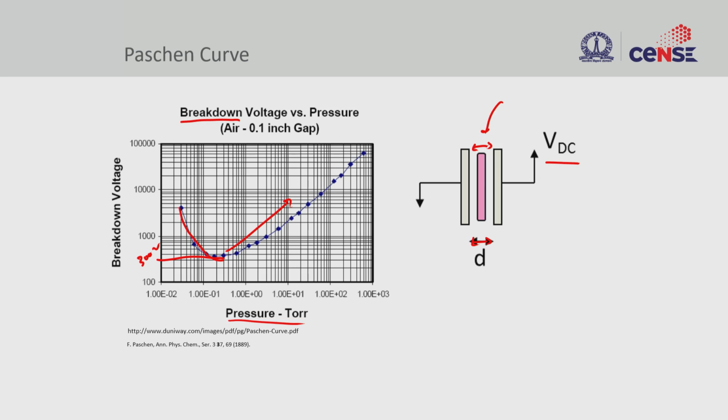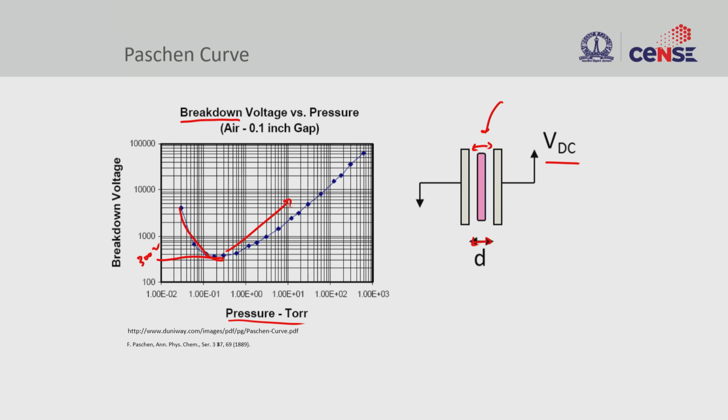Now you have a large number of molecules that is actually impeding your electron motion. They impede it by scattering. These molecules are scattering the electron flow.